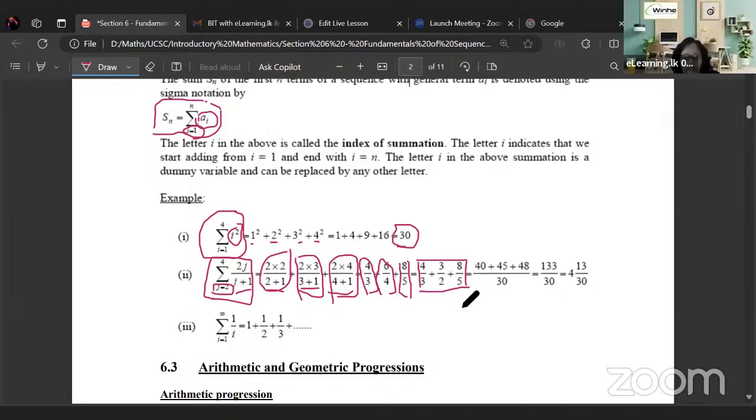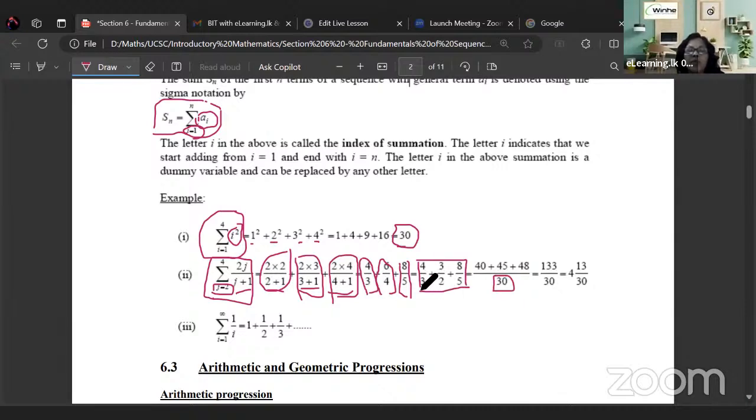The denominators are not equal. When denominators are not equal, when you are adding them, you have to find the least common multiple of the denominators. The least common multiple is 30.